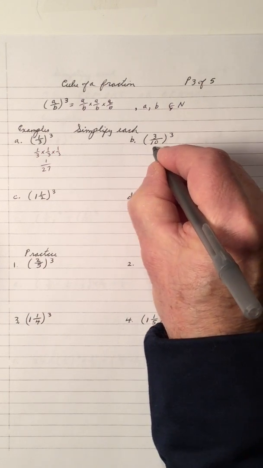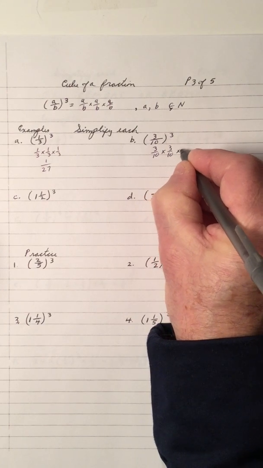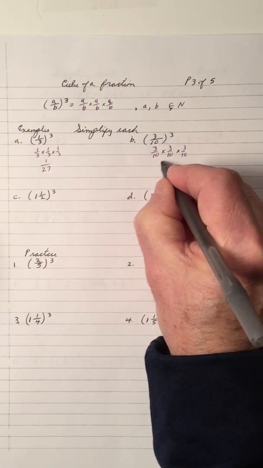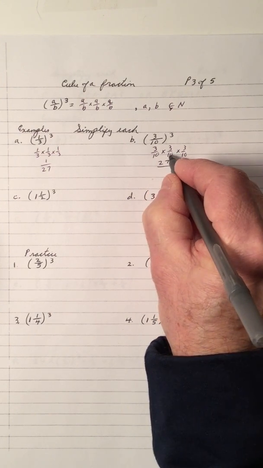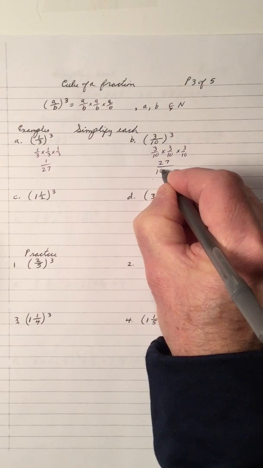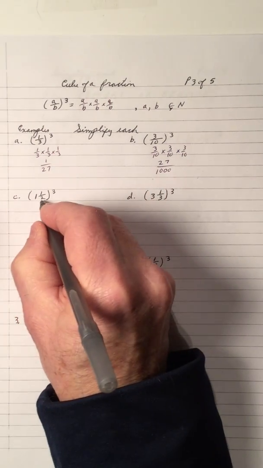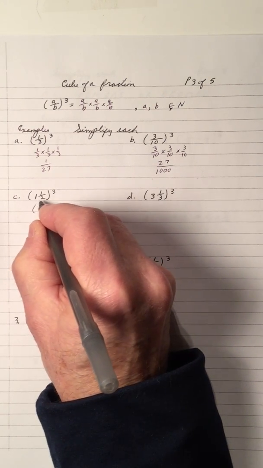3 over 10 cubed is 3 over 10 times 3 over 10 times 3 over 10. 3 times 3 is 9 times 3 is 27. 10 times 10 is 100 times 10 is 1,000. Notice you get 3 zeros. And because we're cubing, we could make it an improper fraction.